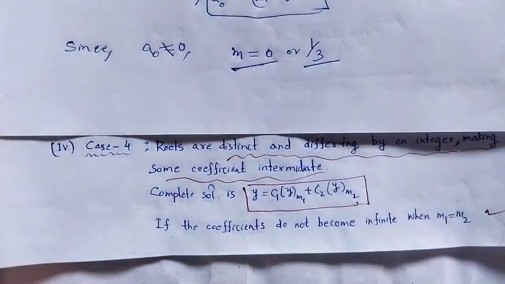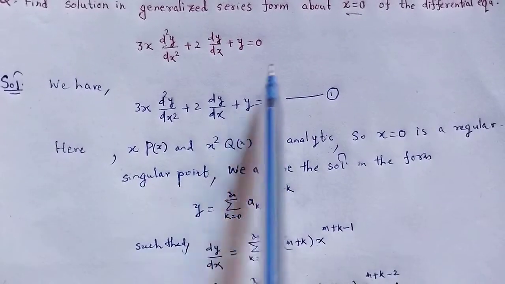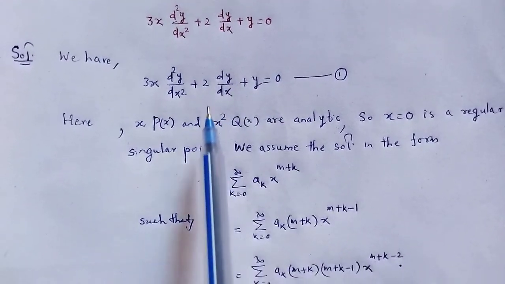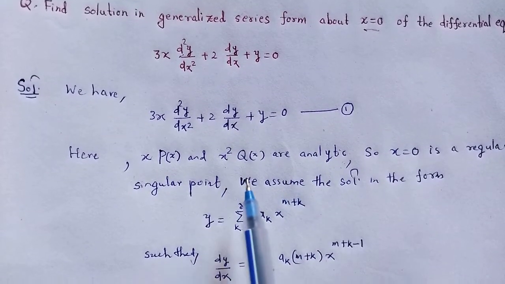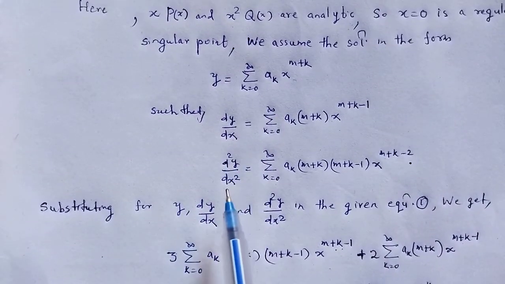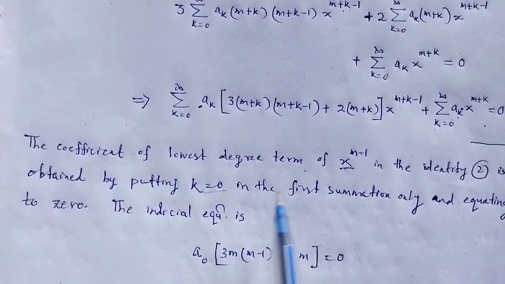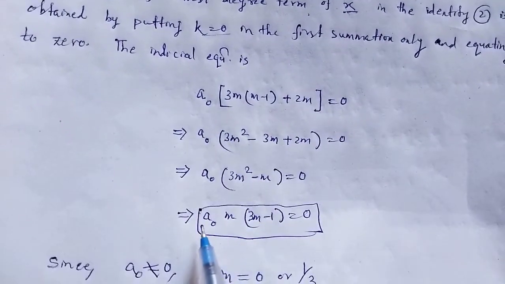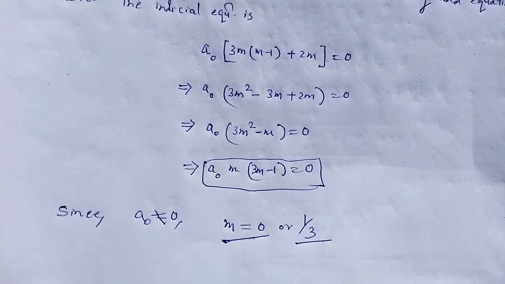The question is given as this. We get its solution by using the Frobenius method. We proceed like this: as x is equal to 0 is one of its singular points, the solution will be y is equal to this, along with dy by dx and d square y by dx square. Putting these values in the differential equation and equating the lowest term, the power of x to the power m minus 1, we get a naught not zero, and m is equal to 0 and 1 by 3 as two roots.